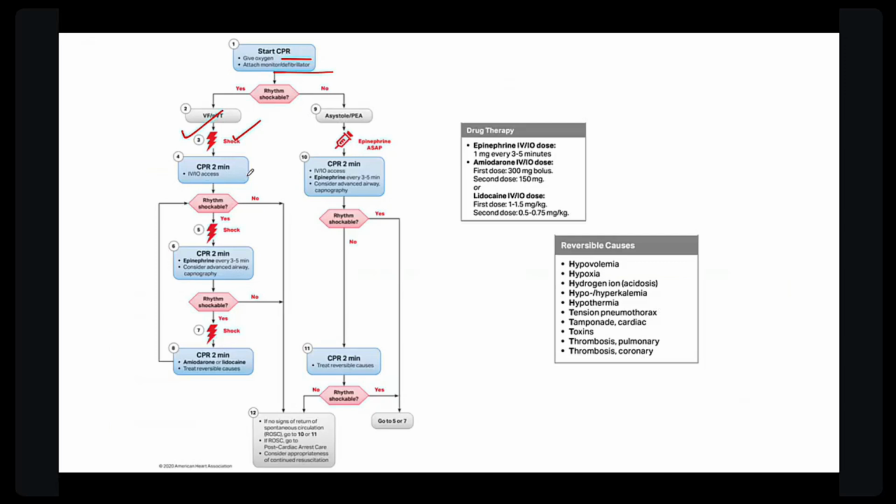Never look into the ECG before you finish 2 more minutes of CPR after defibrillation. This is important because what defibrillation does is it creates a complete electrical silence, and then it gives an opportunity for the normal pacemaking cells to start dominating the scenario and probably give you a stable rhythm.